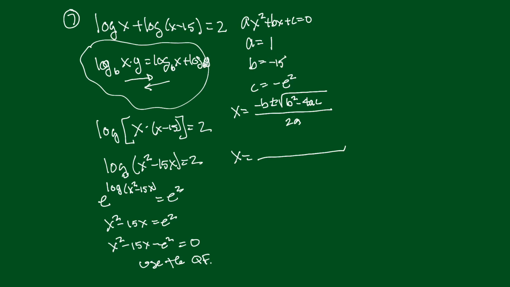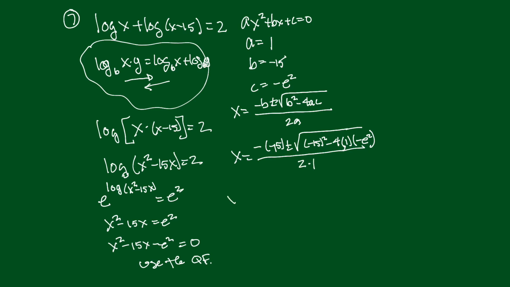Negative 15, I want the opposite of that. Plus or minus the square root of b squared, negative 15 squared, minus 4 times a, but a is 1, times c, which is that negative e squared. Not to worry, our calculator will do that for us. All over 2 times a, 2 times 1.